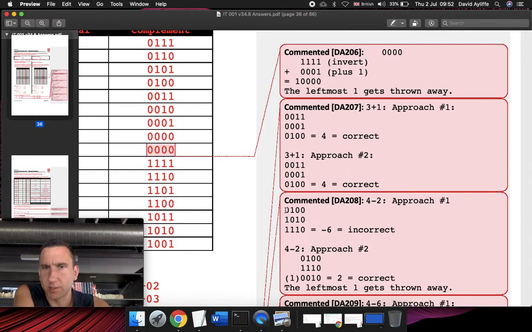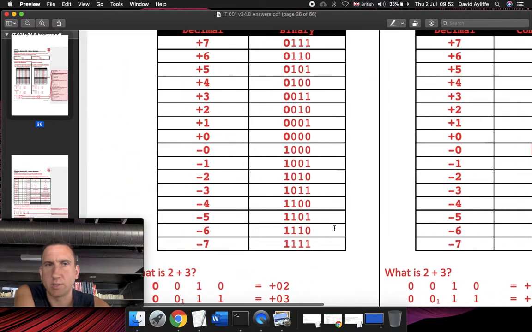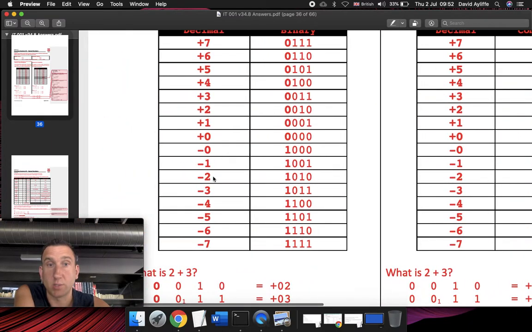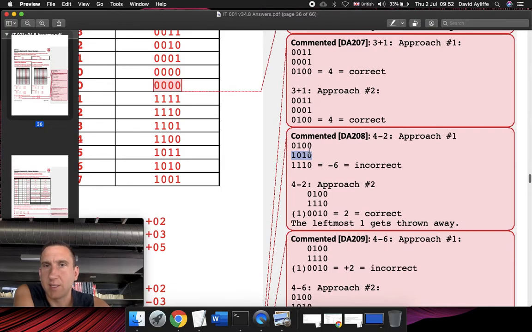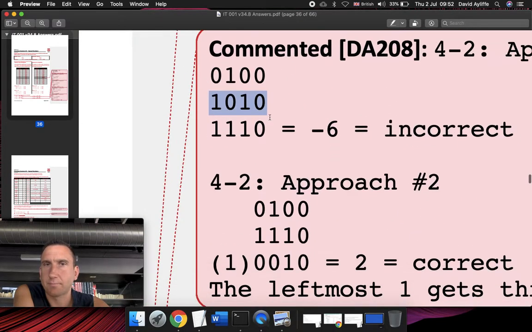4 minus 2, so this is 4, this is minus 2, so 1, 0, 1, 0. If we try to add these, 0 and 0 is 0. 0 and 1 is 1. 1 and 0 is 1. 0 and 1 is 1.